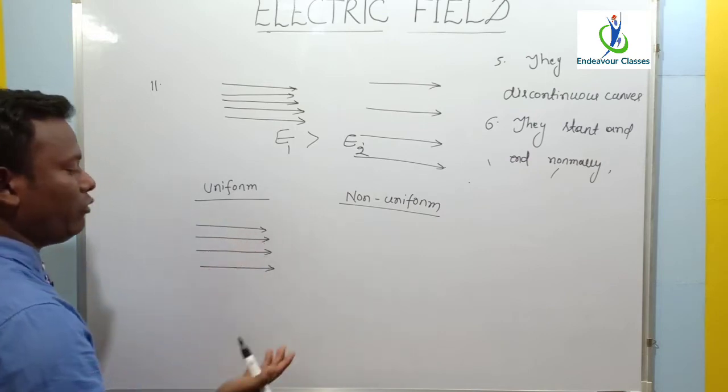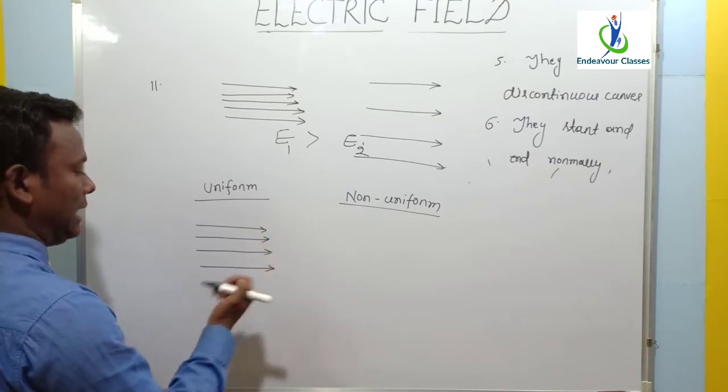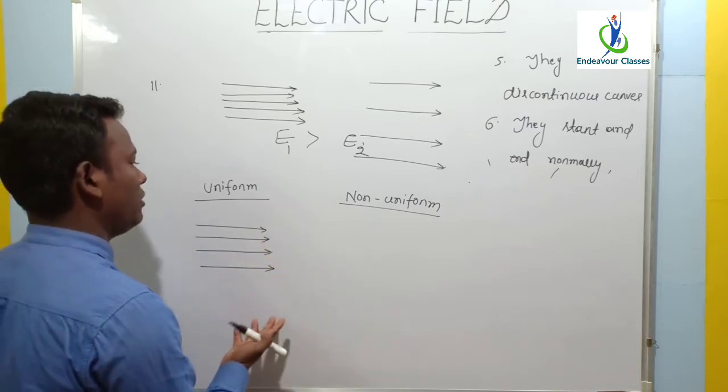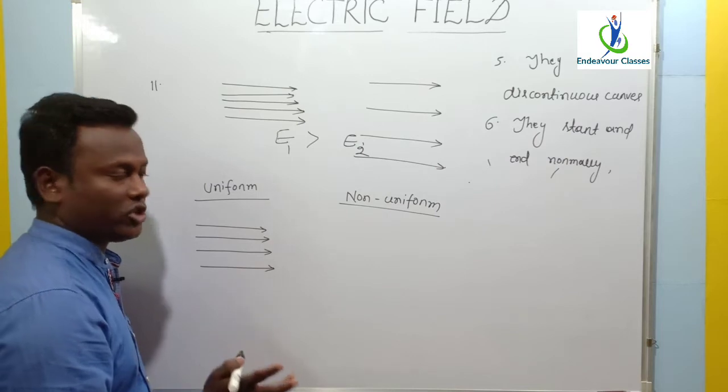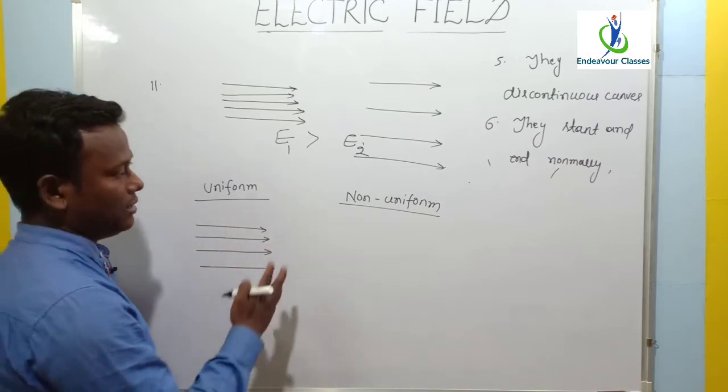As the distance is equal, the magnitude remains the same, and as all the lines are directed in the same direction, the direction also remains constant. So this represents a uniform electric field.